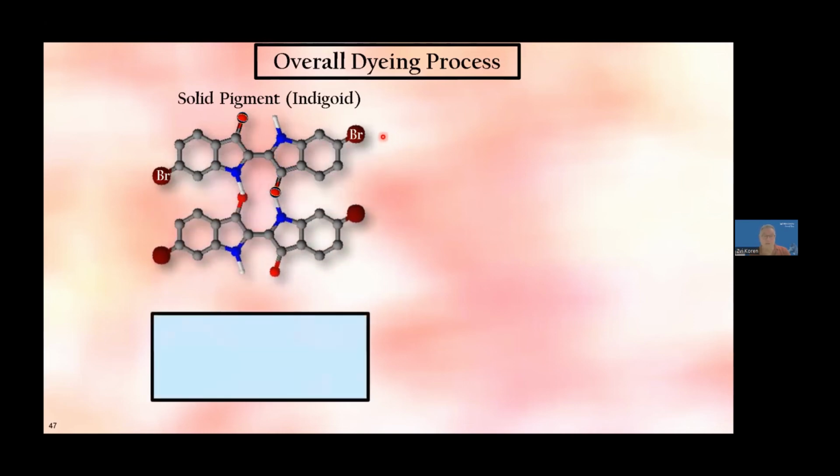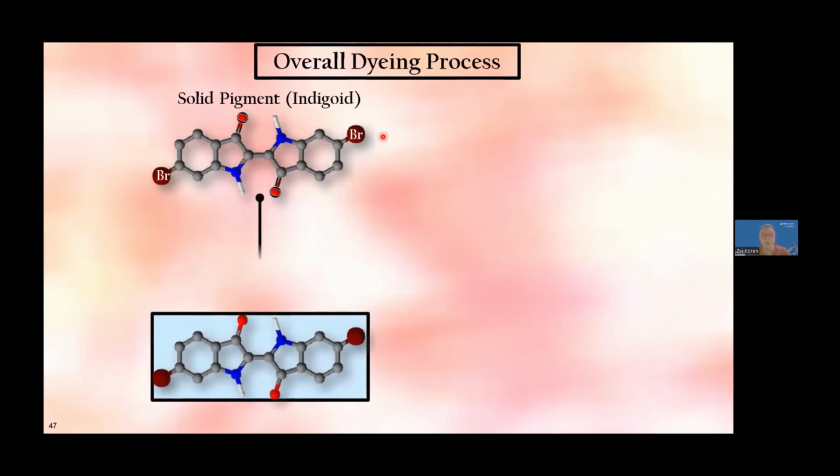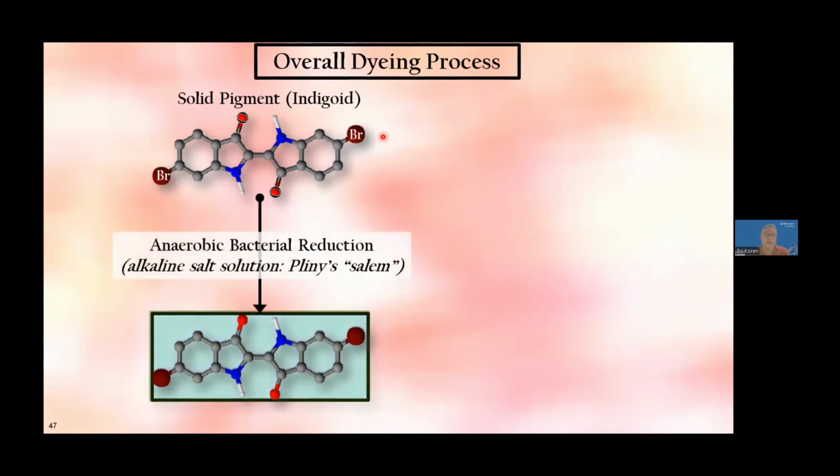Now, it's reddish, so when you put it into water, you get a solution that looks reddish, but you have to dissolve this pigment in any kind of dyeing, whether modern or ancient. The colorant has to be dissolved in water. But as many of you have used indigo, you know that indigo does not dissolve in water. You have to actually dissolve it.